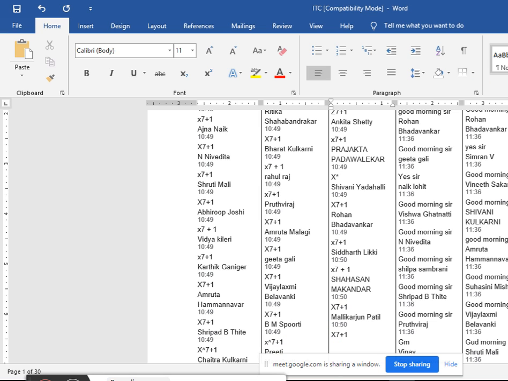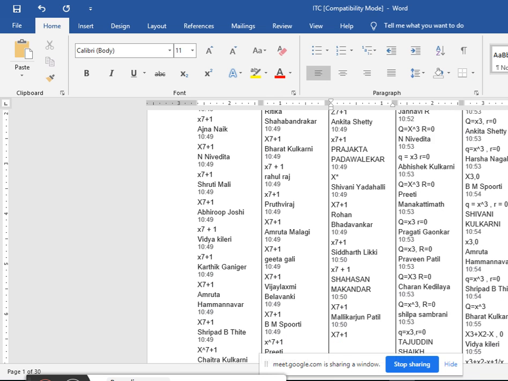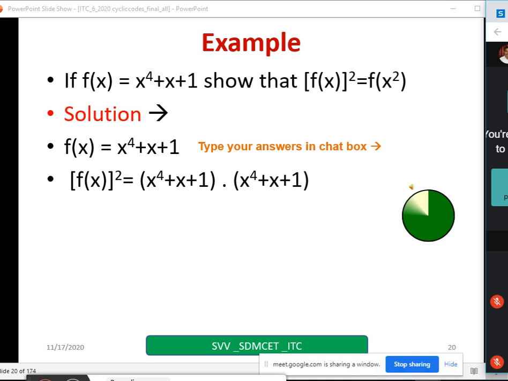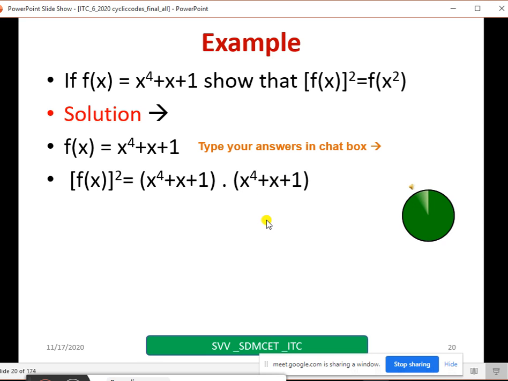Just I am copying chat content into the Word file. Jahnavi, Nayak, Prithviraj, Praveen, Sumit, Nivedita, Priya Patil all have typed the same answer. X raised to 8 plus x square plus 1, Siddharth, Devidas, Nayak, Vinay Girimnevar, Varsha Angdi, all have typed the same answer. Let me show you the answer also.